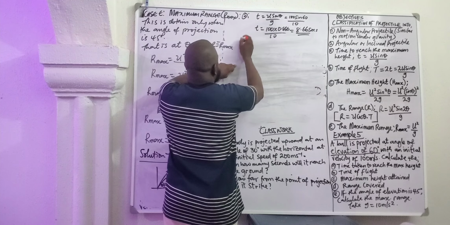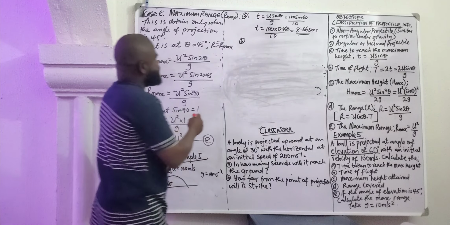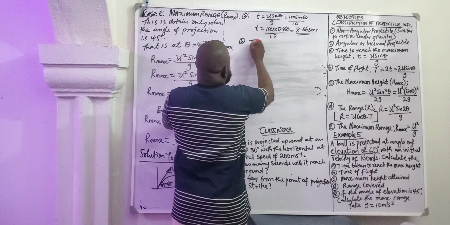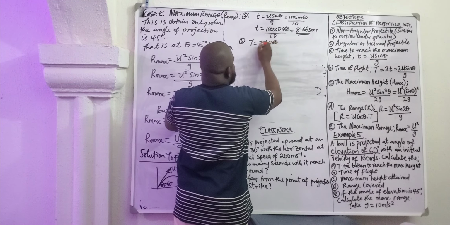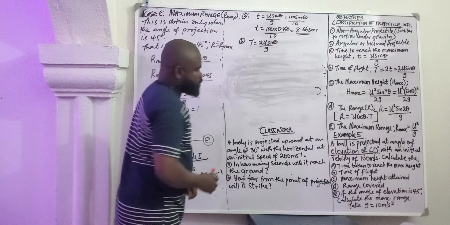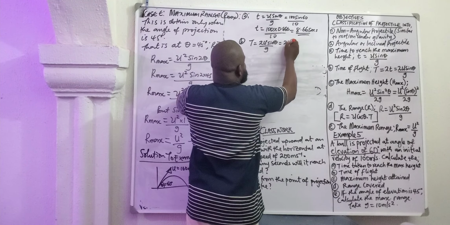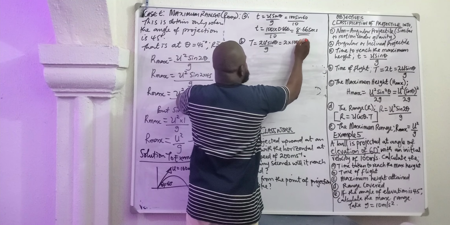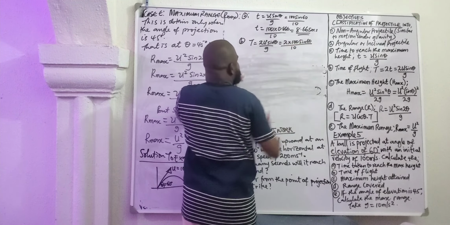Then option B says we should find the time of flight. That's capital T. So the time of flight we said is 2u sine theta over g. We substitute our values once again. That gives you 2 times u, which is 100, sine 60 for theta, over 10.